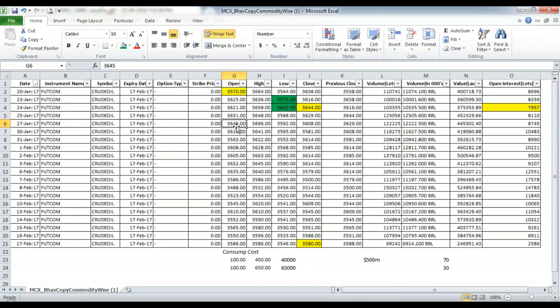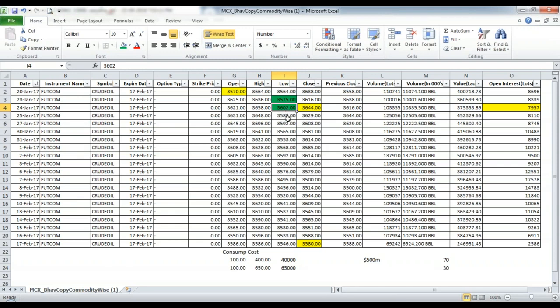When it is opening around 36.45, if you look at it, there is a support around 35.88, correct? It has already built a support around 35.88, and on this day when it came down, it went back and closed around 3600, right?